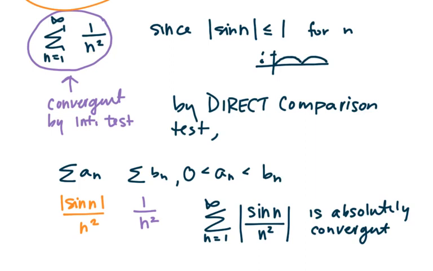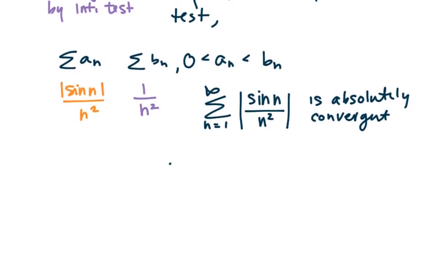And if a series is absolutely convergent, then we know that the original series is simply convergent.